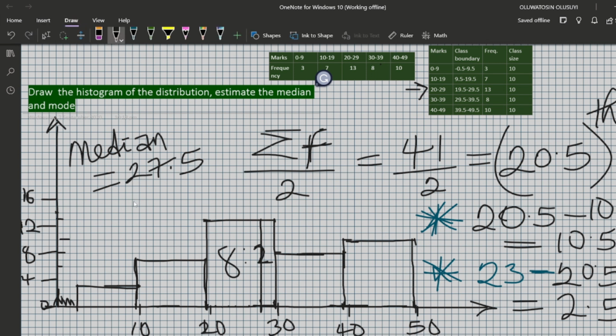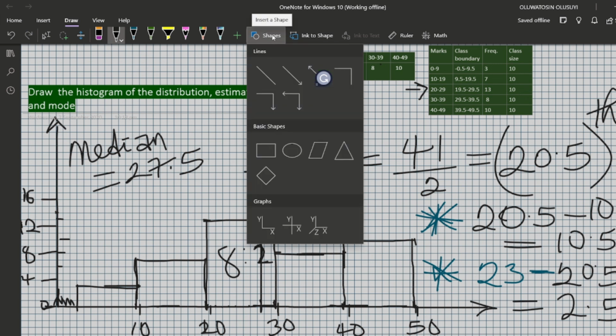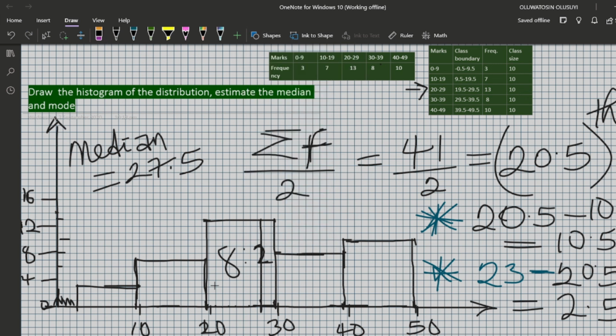I will just draw a straight line from this point. Then I draw another one from here, and another straight line from here. Very good.